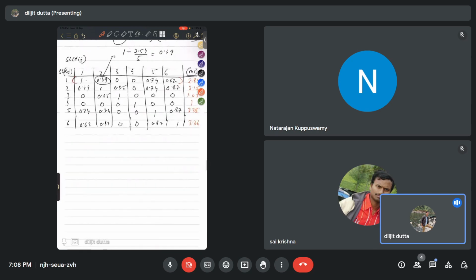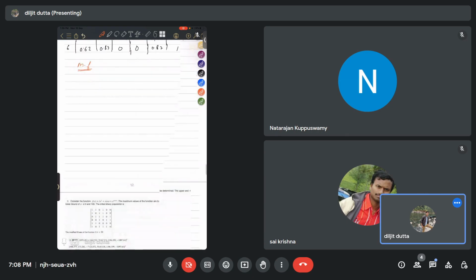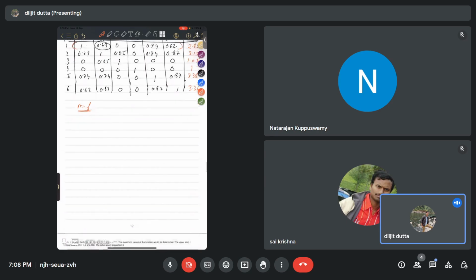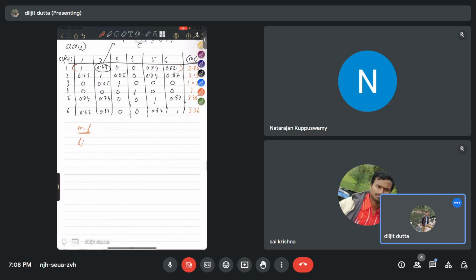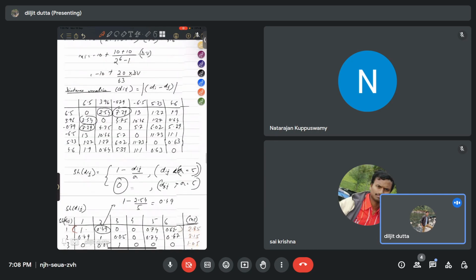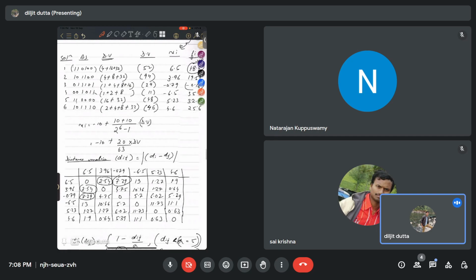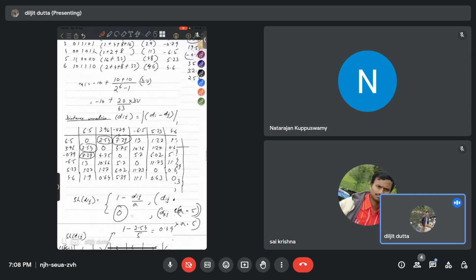So now we have the modified fitness. How do we get the modified fitness? It will be F by NC. We already have F. The F values are 48.4, 19.59.